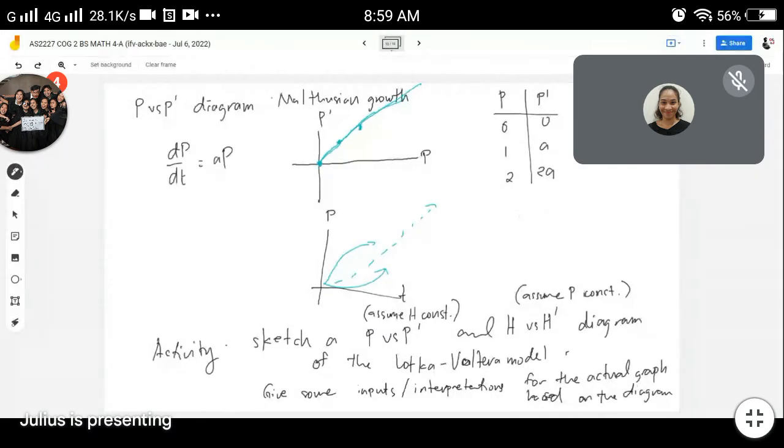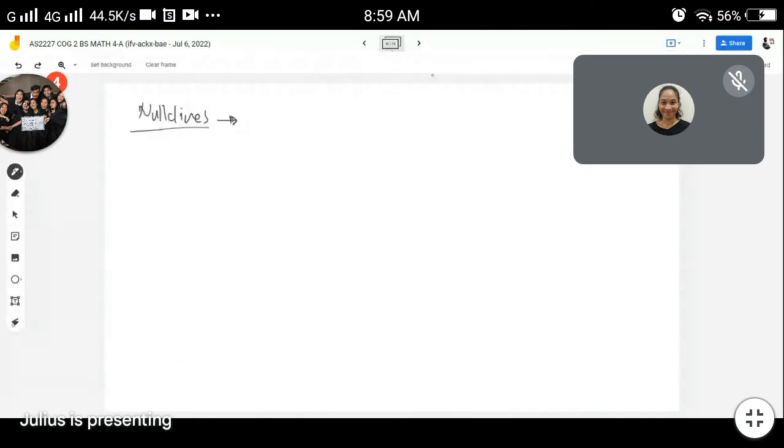Okay. Sige. Before I define null clients lang siguro, I'll show you the exact example na. Let's consider the Lotka-Volterra model again. Okay, so Lotka-Volterra ta balik.